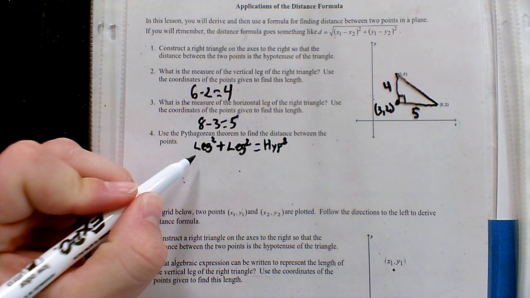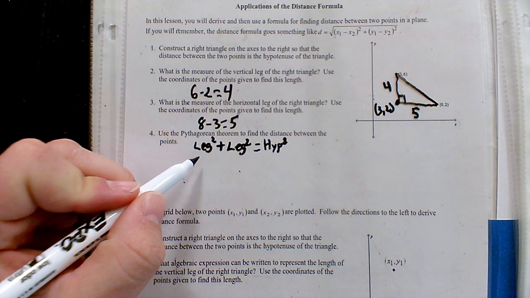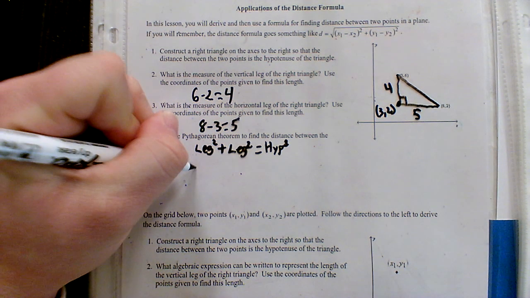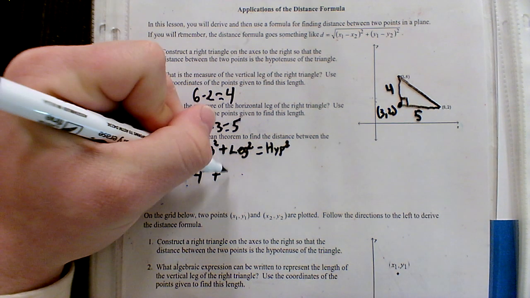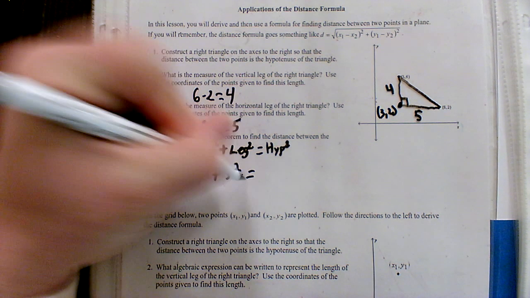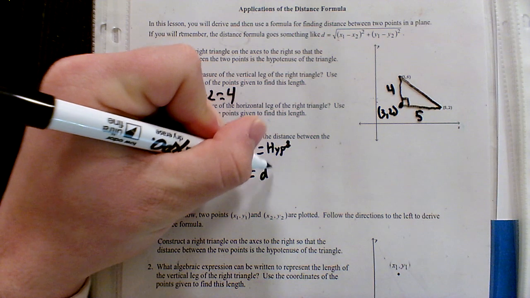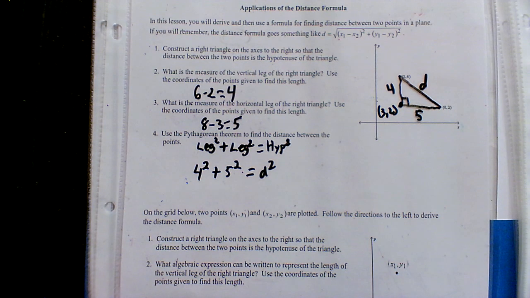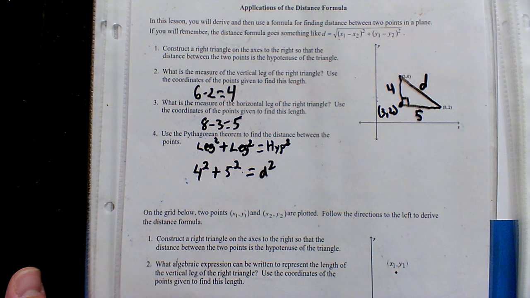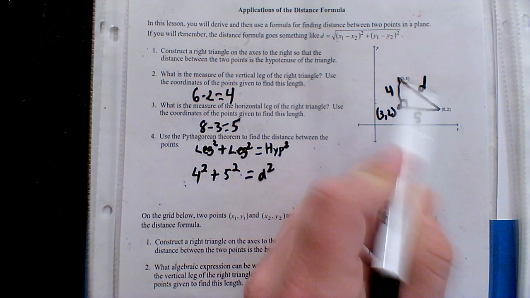Our first leg was 4 squared. The next leg was 5 squared. And then our hypotenuse, we're going to label that side d. So d squared. And why do you think I labeled that as d? What are we trying to find? Distance, yeah. We're trying to find the distance from that point to that point.